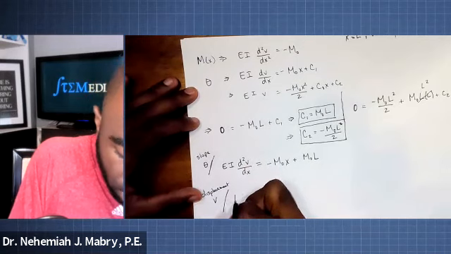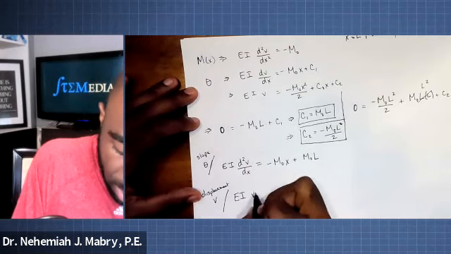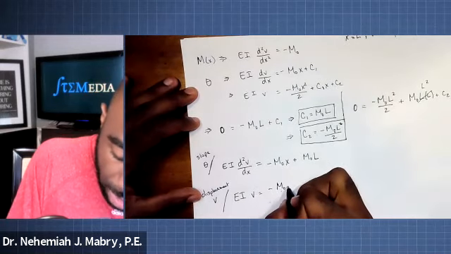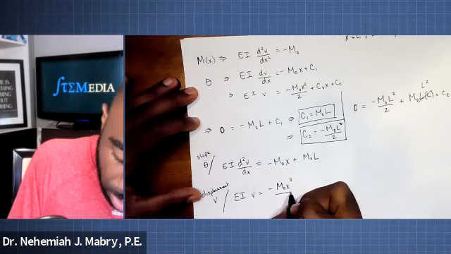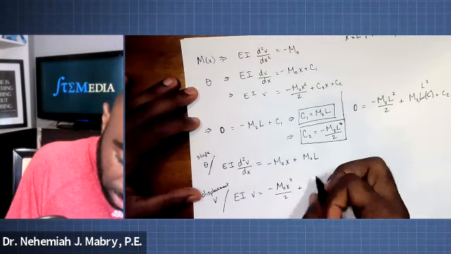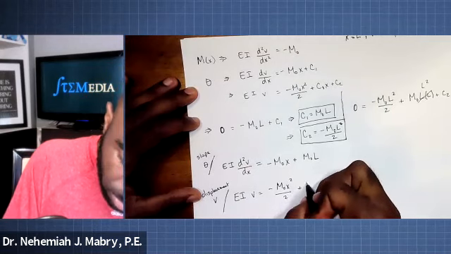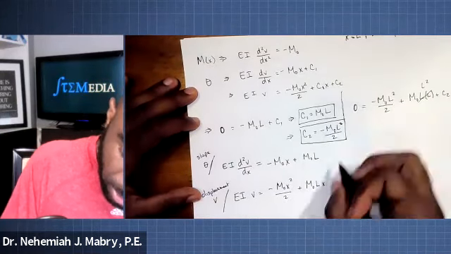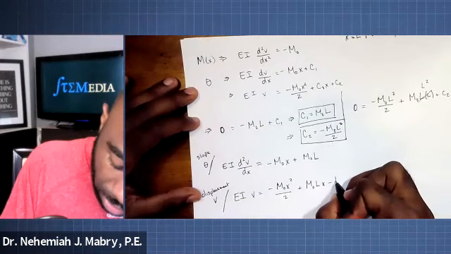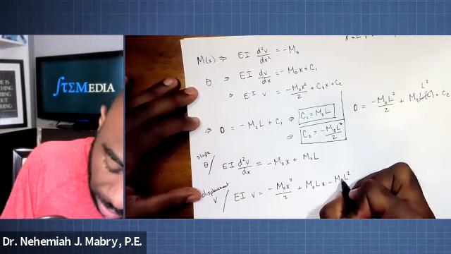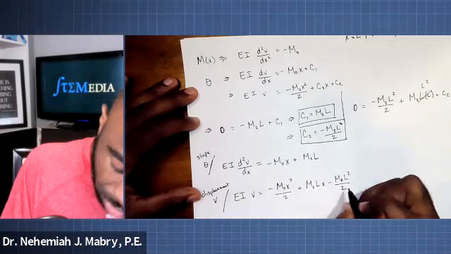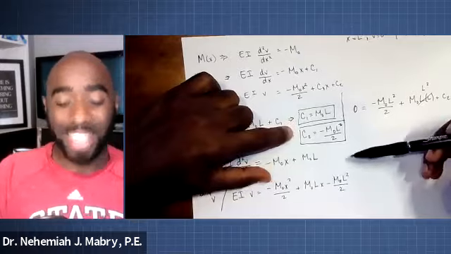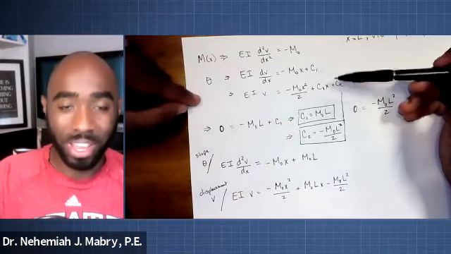So here in this case, we're going to have EI V is equal to negative m sub naught x squared over 2 plus m sub naught L x minus, because this is a negative, m sub naught L squared over 2. So those are the official equations that include the constants that we use boundary conditions to find.